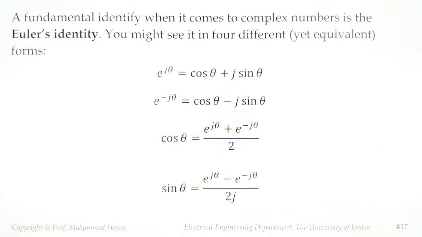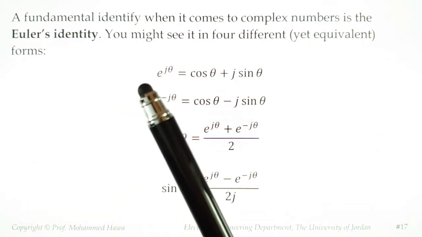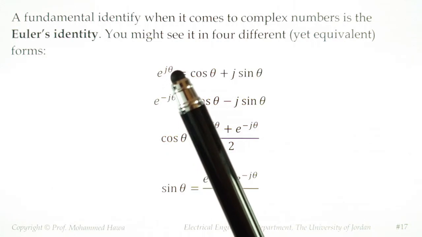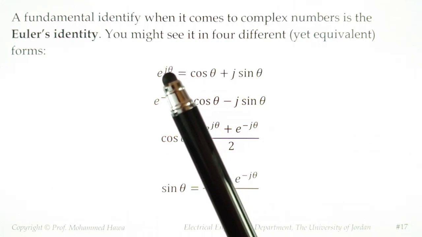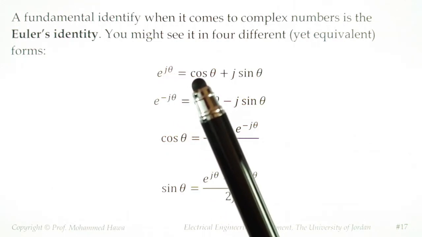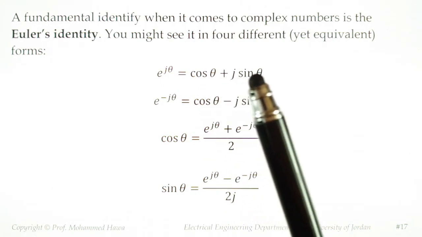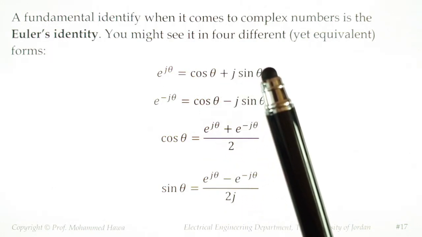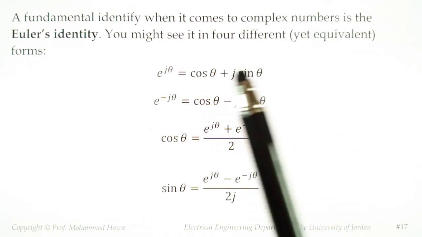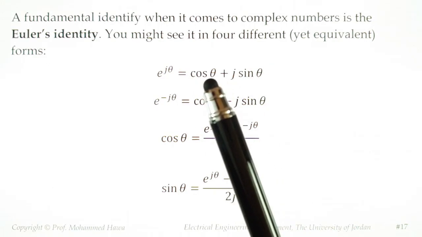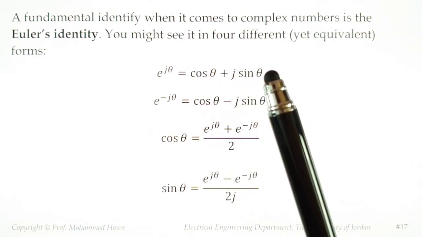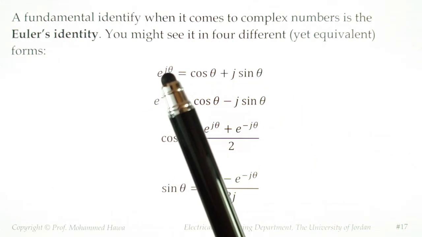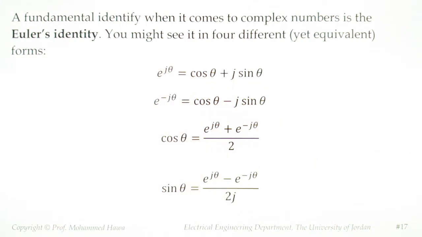The first form for Euler's identity says that you can express the exponential e to j theta, where j is the imaginary operator, as the sum of cosine theta plus j sine theta. This is the first form of Euler's identity, which says there is a real number here plus imaginary number here is equal to exponential of the imaginary number j theta.